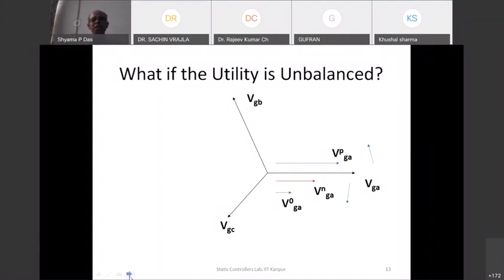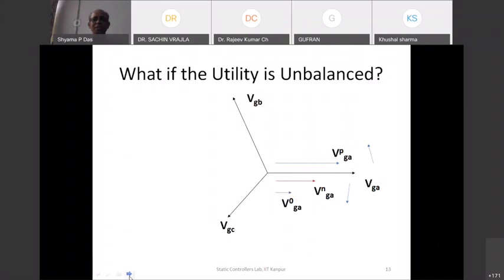So, if the grid is balanced, we can assume that the voltages VGA, VGB, VGC, as shown in this figure, are equal in magnitude, and they are phase shifted from each other by 120. It means VGB is shifted from VGA by 120, VGC is shifted from VGB by 120, and VGC and VGA are 120 degrees apart. Now, if the utility is unbalanced, this doesn't happen.